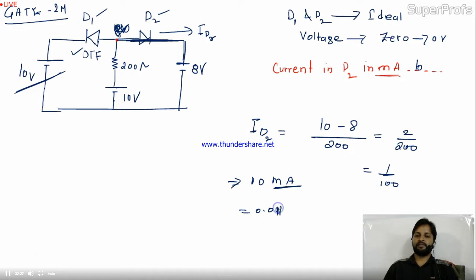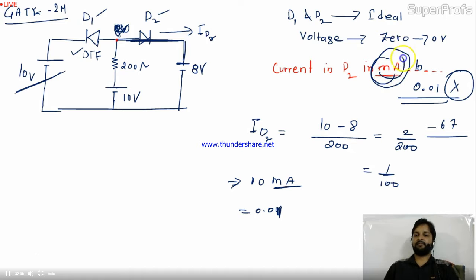or 0.01. Sometimes people write 0.01 and they get minus 0.67 if the question is for 2 marks. Okay, please read it carefully. They're asking in milliampere, so you have to answer in milliampere. This is a common problem people make in the examination. So please read the question carefully and then answer.